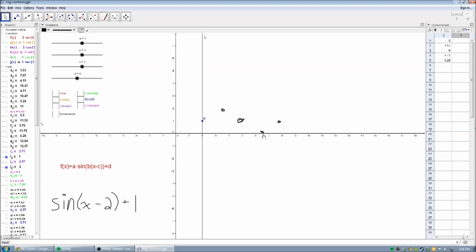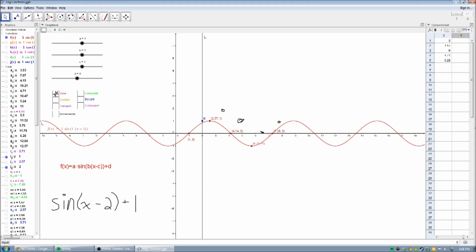So I'm trying to sketch this. Bear with me as I do. Very sloppy work. You'll have graph paper, so it'll be easier for you. So once I can say that my graph starts here, I'm essentially eliminating the minus 2 and the plus 1 in here. So I'm just working with the sine of x, and that tells me that it follows that pattern.